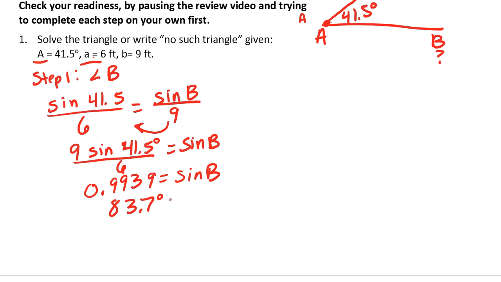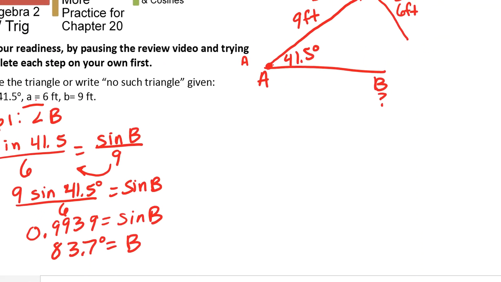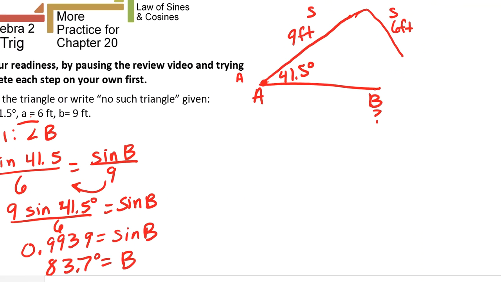All right, so there is an angle B. Now what you have to say to yourself is that is probably not the only angle B. That perhaps has a matching value. So now we know that B works. This side 6 reaches. So I'm going to call this angle now B1. And we just came up with 83.7.